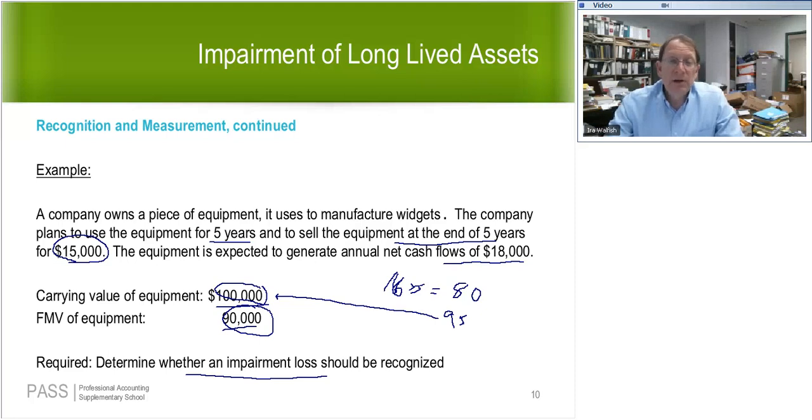I'm very happy you computed a formula and the recoverability you're telling me is 95,000. But so what? The fair market value is 90. You're never allowed to have something on your balance sheet that's above the fair market value.